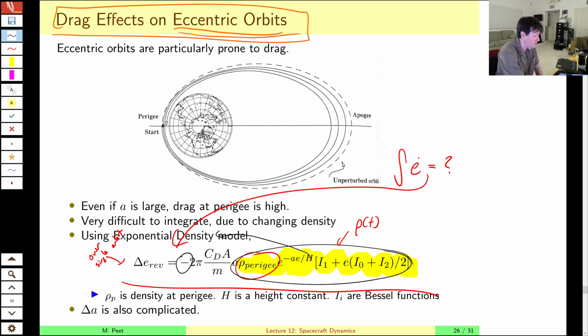The drag force is all acting at periapsis, with very little drag force at apoapsis. And obviously, forces can't change your position. They change your velocity. So what does a change in velocity at periapsis do?